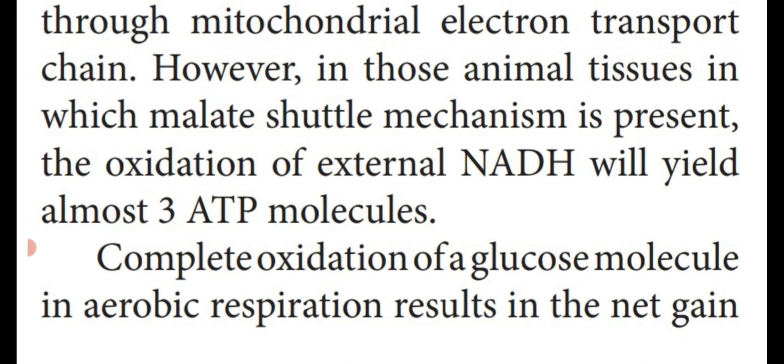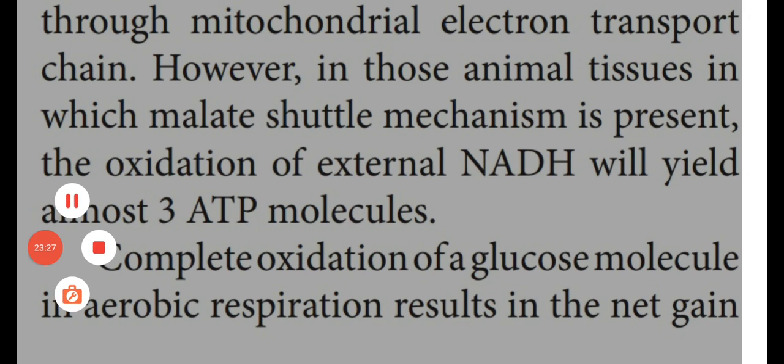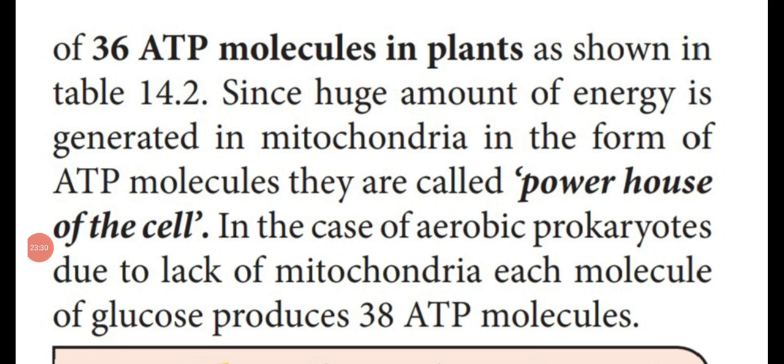So, the complete oxidation of a glucose molecule in aerobic respiration gives a net gain of ATP molecules. The total gain in one aerobic respiration is 36 molecules in plants. The energy is stored in mitochondria in the form of ATP molecules, so mitochondria is known as the powerhouse of the cell.